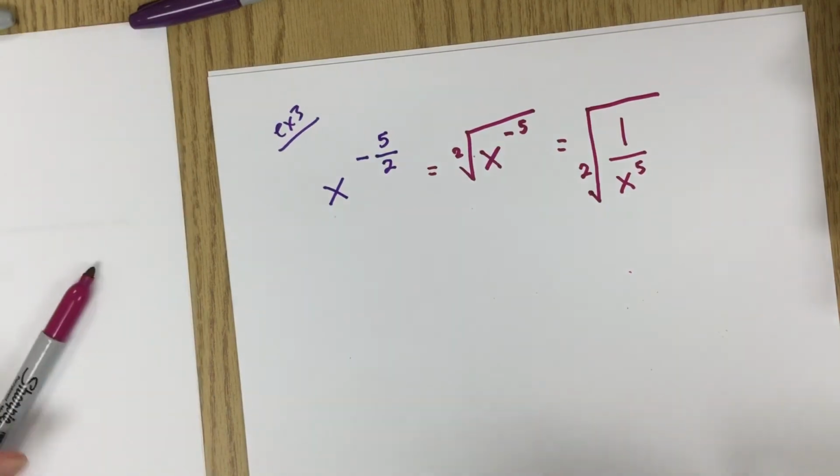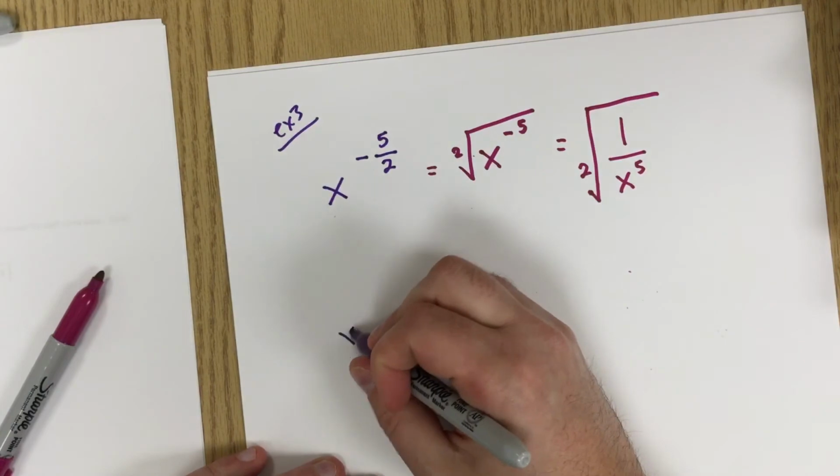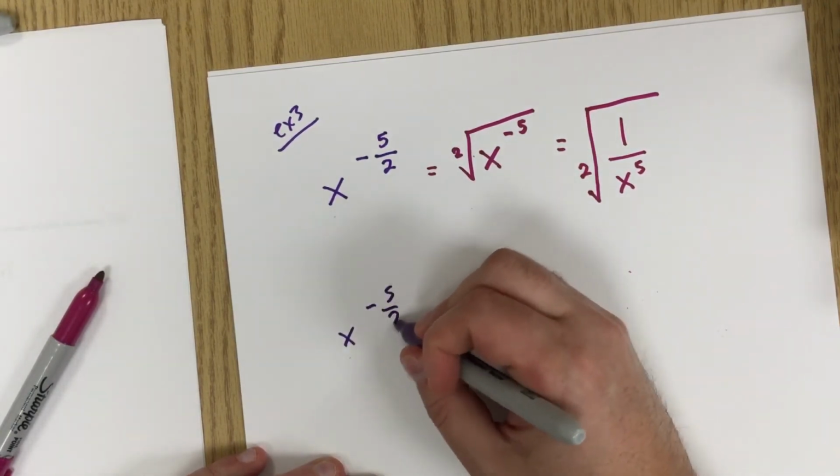Or another way we could do it, we have x to the minus 5 over 2.